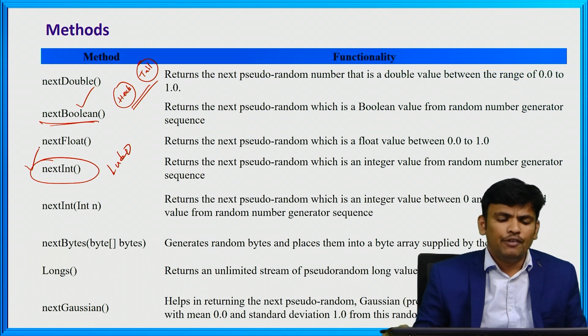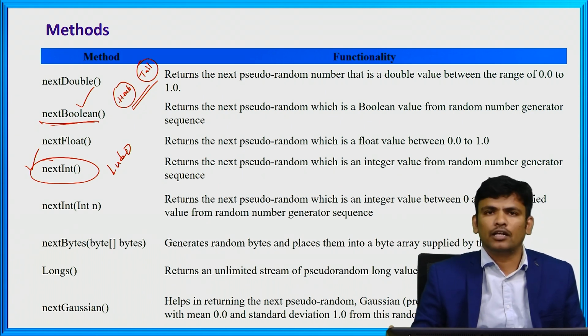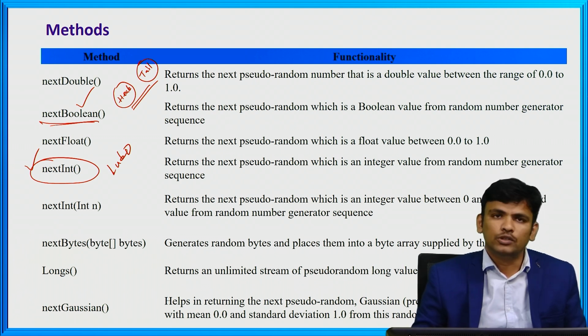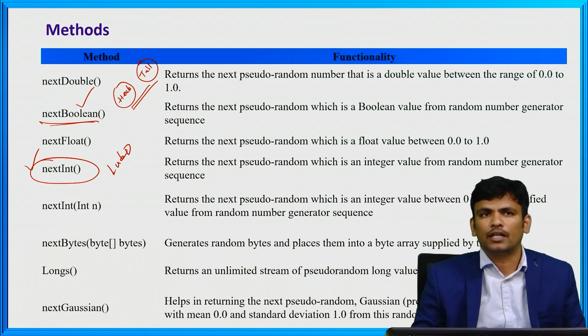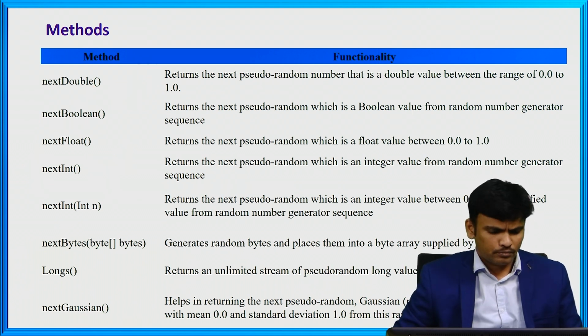If you want to develop games like Ludo, or an application like tossing a coin, or if you want to generate some patterns for pattern recognition, you can use Random. And if you want to generate random OTPs, you can use the Random class. There are some other application areas also. So these are some application areas.